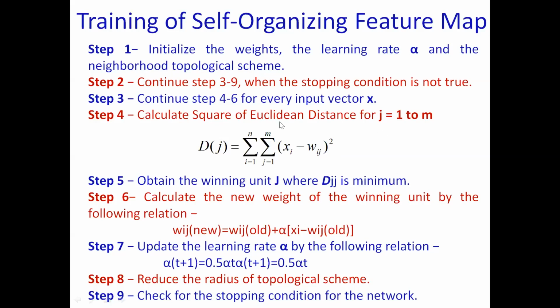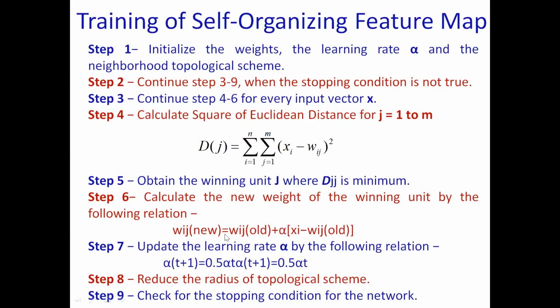When that happens, we need to calculate the new weight of the winning unit. The computation formula is that the new updated weight is evaluated by taking the old weight plus the difference between the input and the old weight for this particular neuron, multiplied by the learning rate.